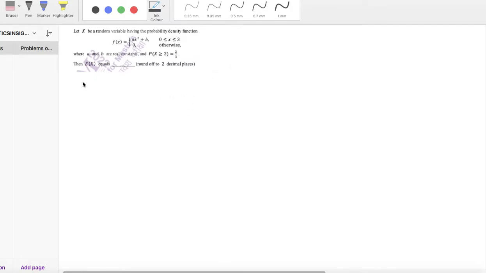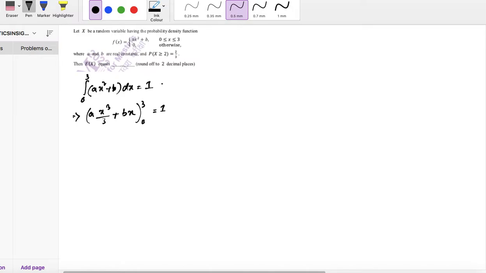We know that the area of the PDF is equal to 1. So the integral of ax square plus b dx is equal to 1. What we get? ax cube by 3 plus bx, from 0 to 3, and it is equal to 1.